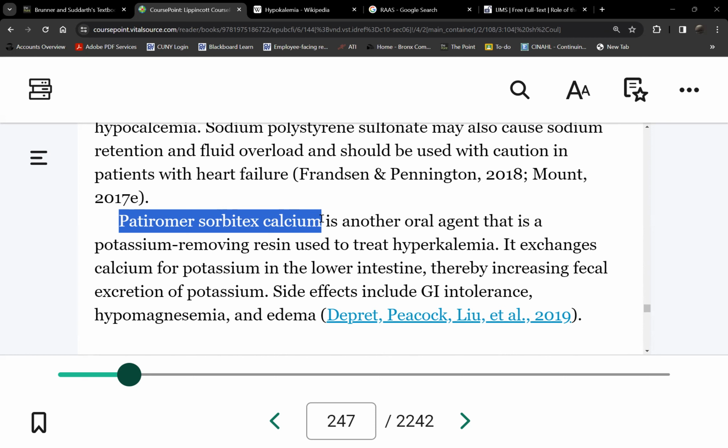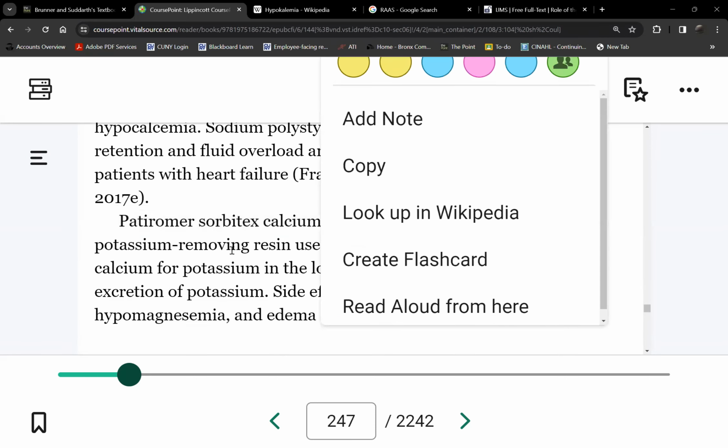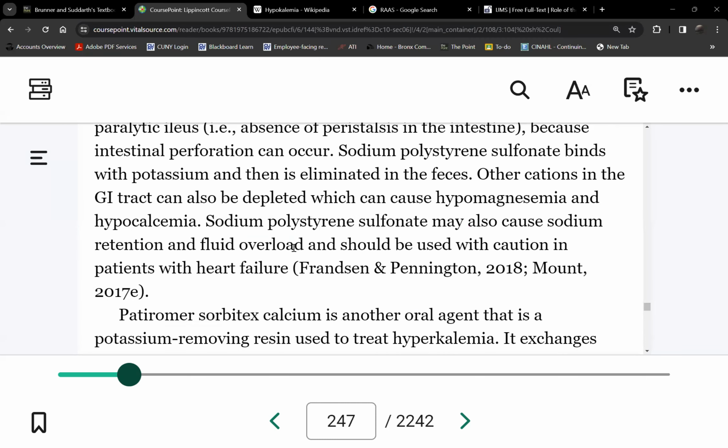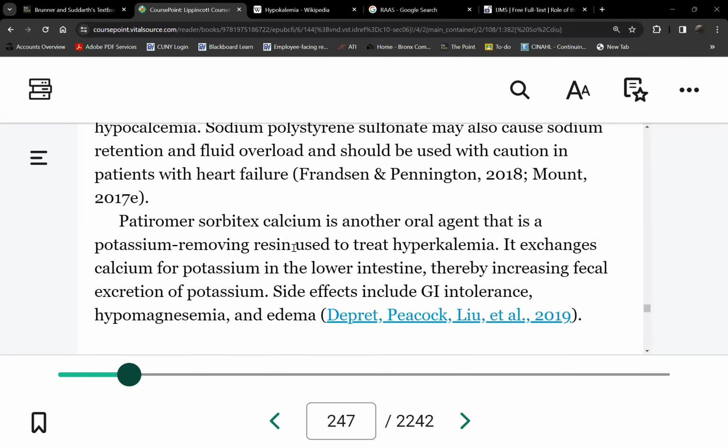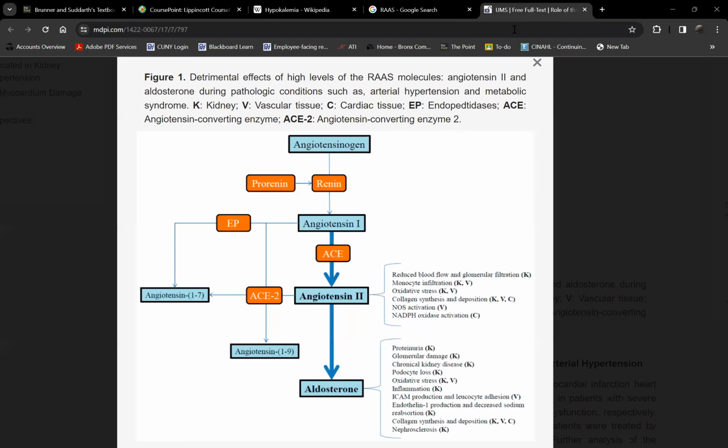Lokelma. I don't know the generic though, because it's relatively new, so let's find out right now.